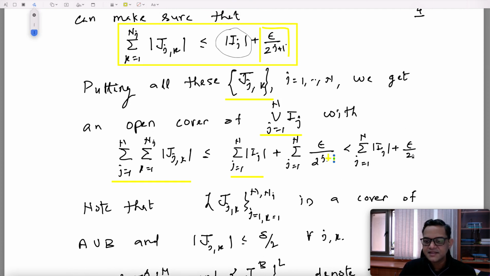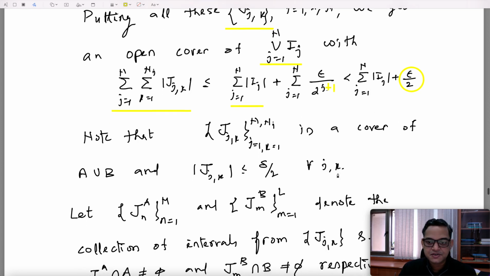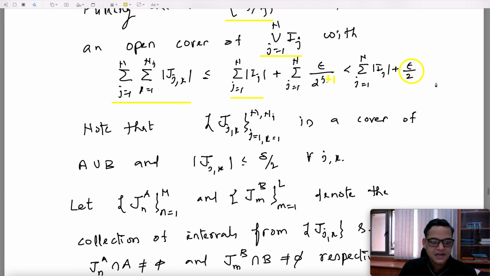That is why you get this epsilon by 2 when you sum them up. So the total size is the size we originally had taken, and then an extra epsilon by 2. But epsilon is as small as we want, so we will have no issues with this extra factor.